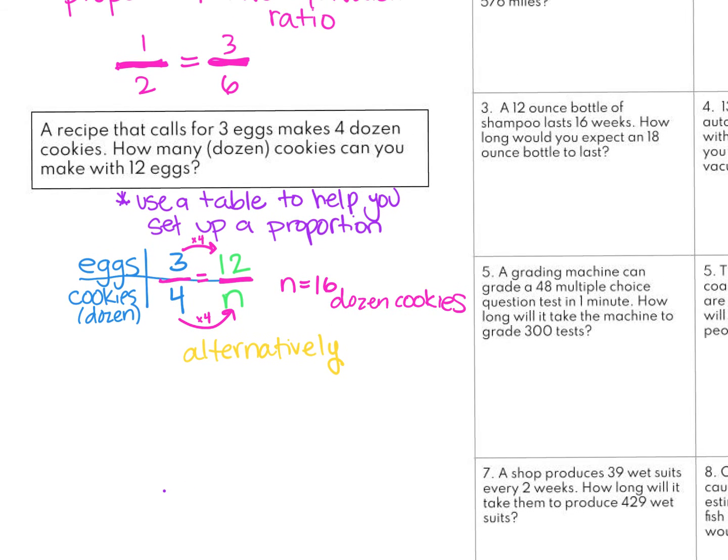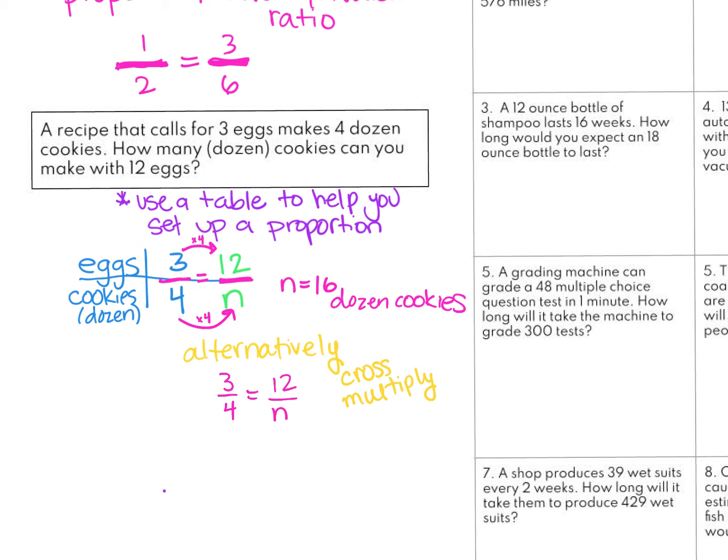I'm going to review solving proportions with you. So let me rewrite this. 3/4 equals 12 over n. We can use something that is called cross multiply. We can cross multiply to get our answer. Here's how we cross multiply.